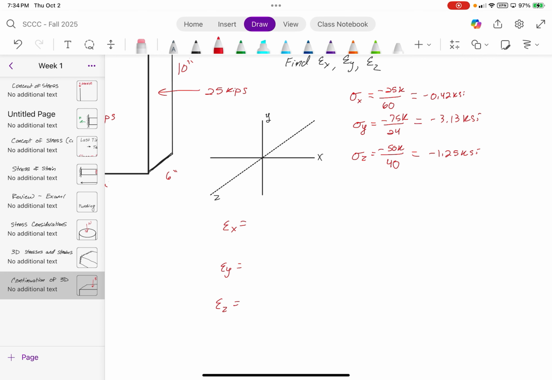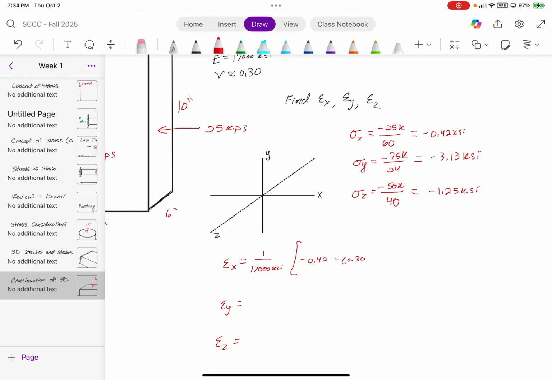Here we go. 1 over 17,000 KSI times sigma x, which is negative 0.42, minus 0.30 times negative 3.13, minus 0.30 times negative 1.25. Did everyone get that for the equation for the strain in the x direction?